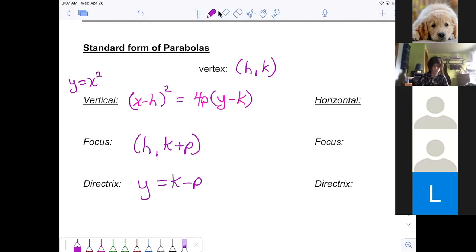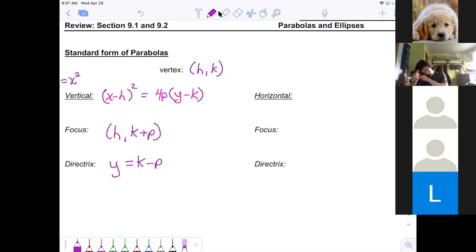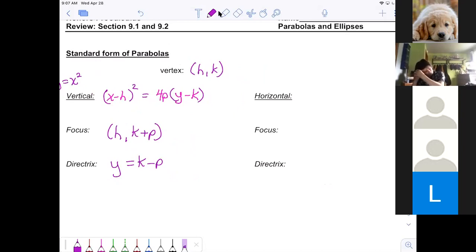So this is the one that x is squared, making a vertical parabola. And that is our traditional graph. So Jenny, you gave me the horizontal equation originally, y minus k squared equals 4p times x minus h. And that makes a horizontal graph because when you plug in a number for x, you get a value above and below that for y.